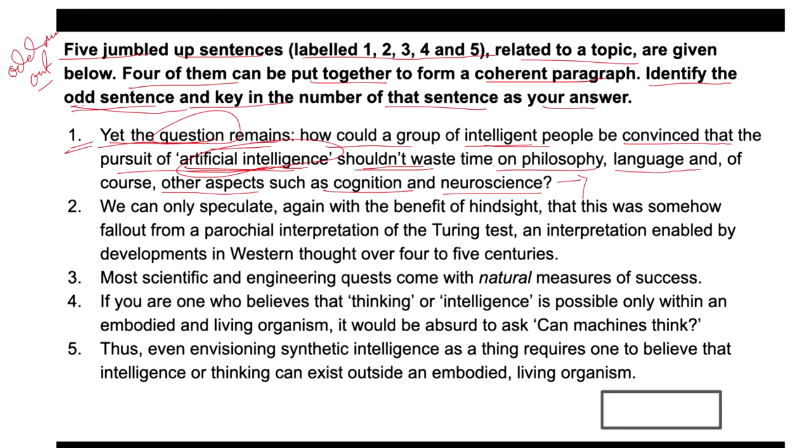Now, sentence two, which is stated, we can only speculate, again with the benefit of hindsight, that this was somehow fallout from a partial interpretation of the Turing test, an interpretation enabled by developments in Western thought over 4 to 5 centuries. Now, this particular sentence suggests what?